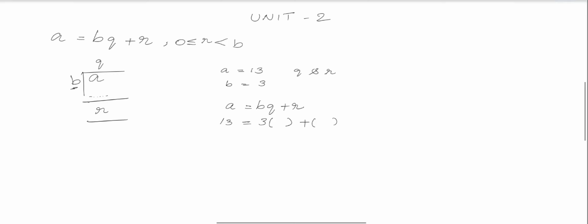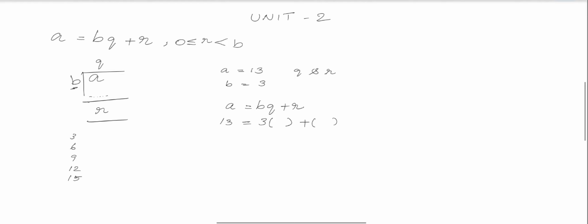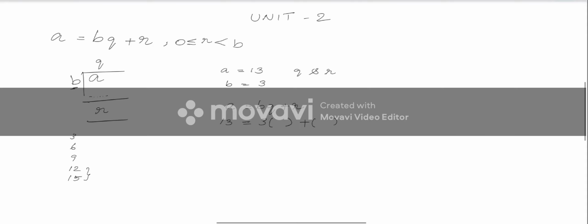Now you write the 3 times table. 1 three is 3, 2 threes are 6, 3 threes are 9, 4 threes are 12, 5 threes are 15. And see here, your dividend is 13, correct? So this 13 comes in between 12 and 15.